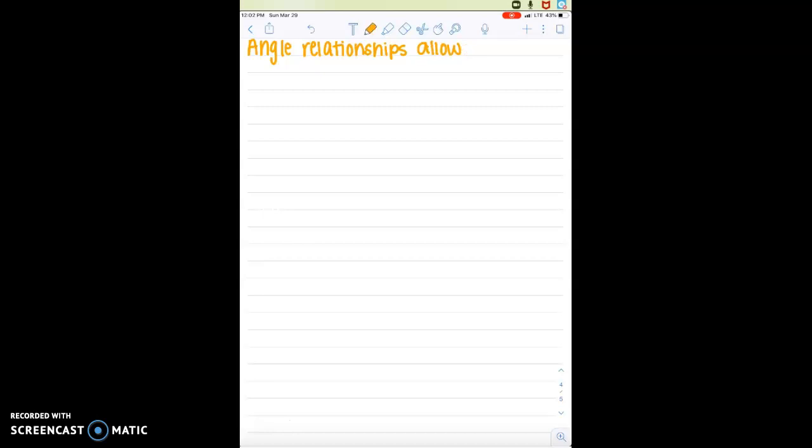That's literally all this definition is saying, is that if you know that, it's going to make it easier for you to solve angles in the long run, which is what I've been saying the whole time, okay? So it's not anything new. It's just a more professional way of saying what I've been saying the whole time.